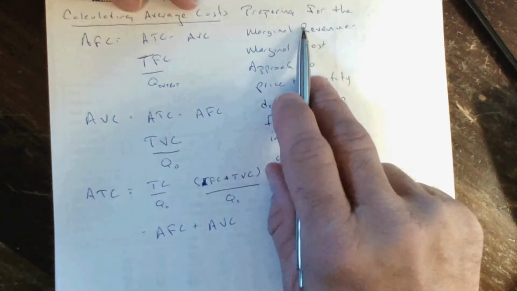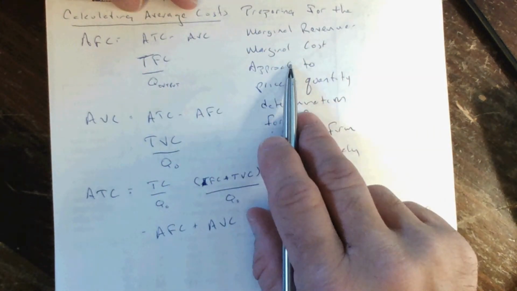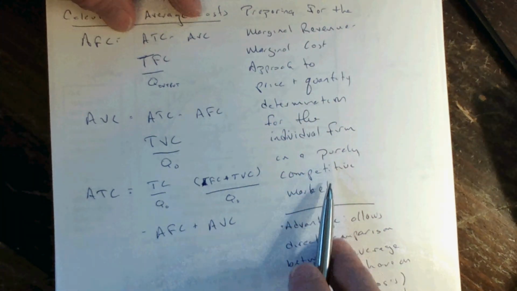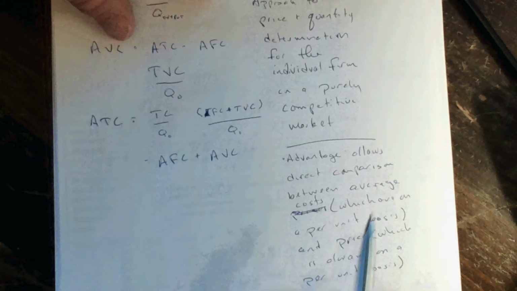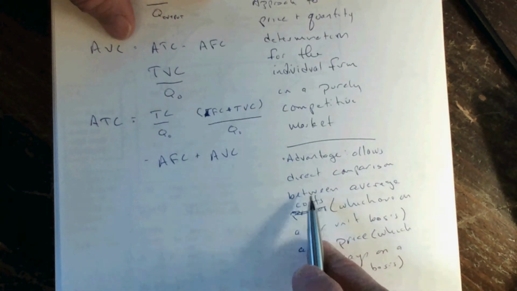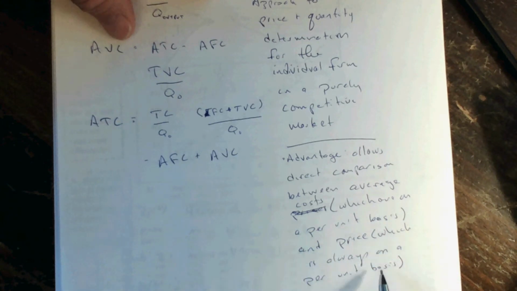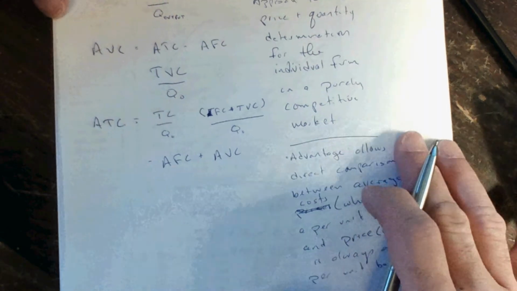We're preparing for the marginal revenue, marginal cost approach to price and quantity determination for the individual firm in a purely competitive market. The advantage is this allows direct comparison between average costs and price, both on a per unit basis, and that's going to allow us to determine profit max, loss min, or shut down.